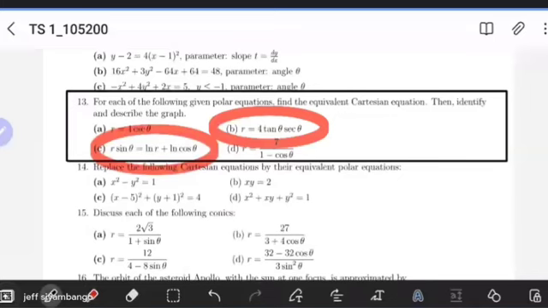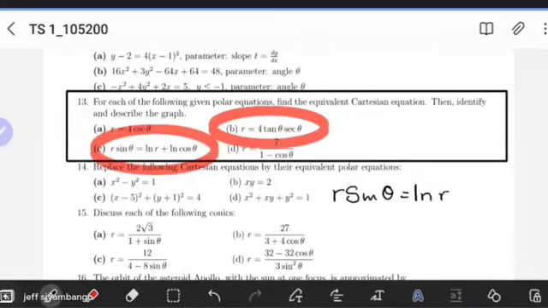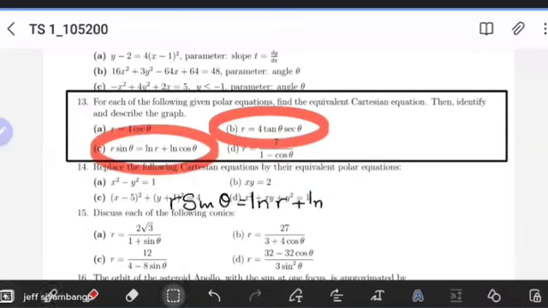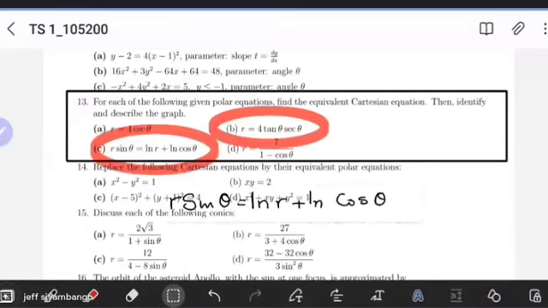So let me start with C. And for C, we have r sine theta being equal to ln r plus ln of cos theta. So this is what we have for question C here.